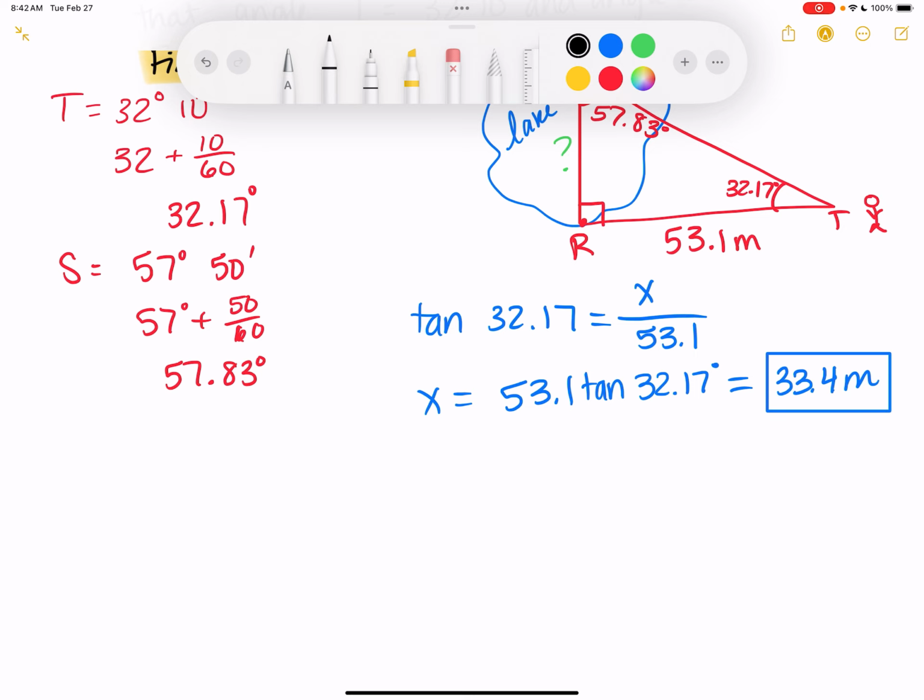All right, 48. Again, they give us a picture. An airplane is flying 10,500 feet above level ground.